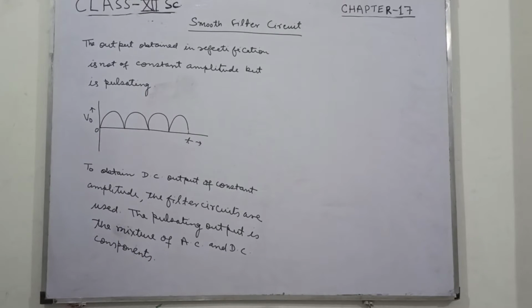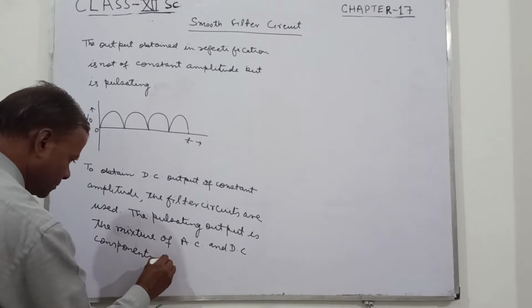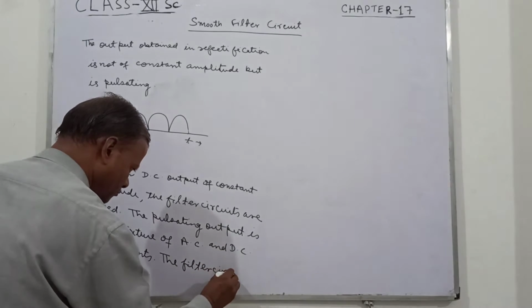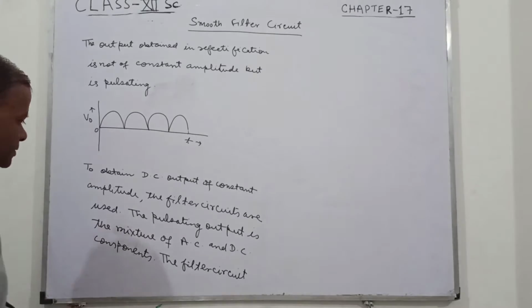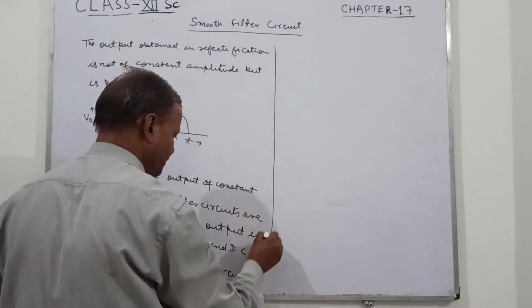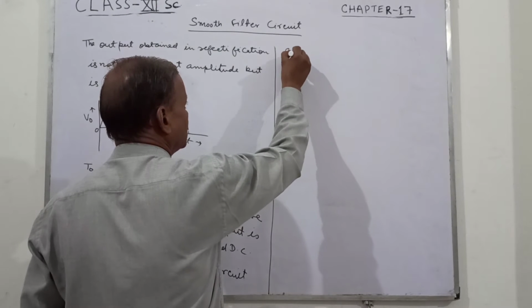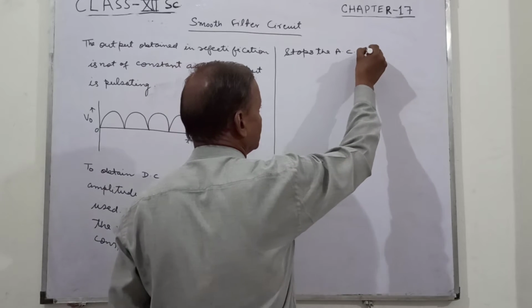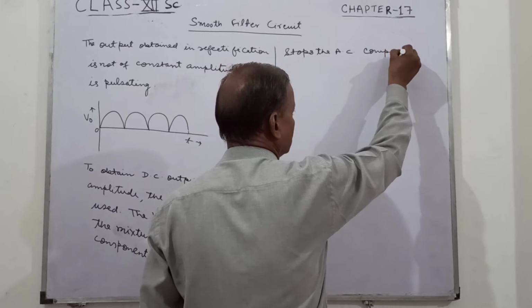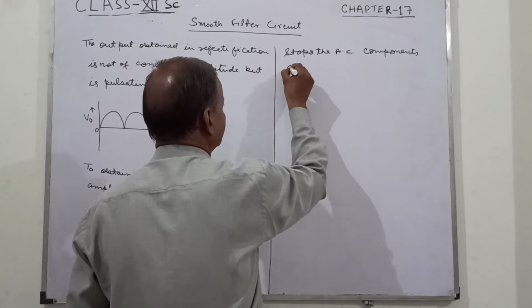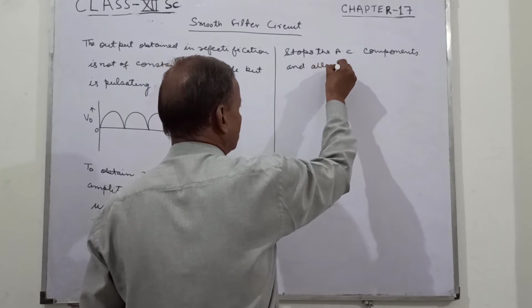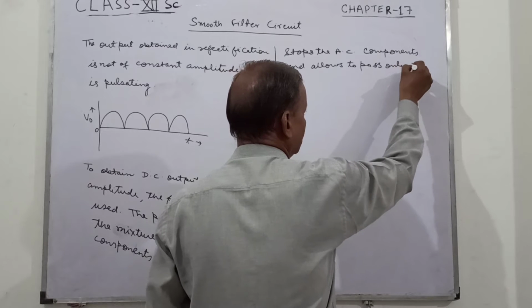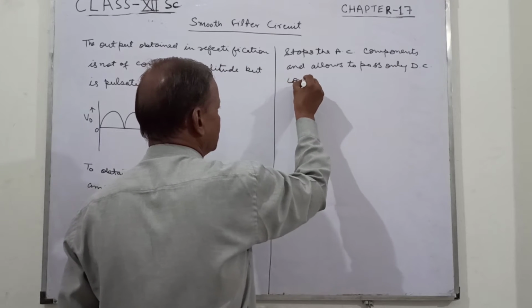AC and DC components. A filter circuit stops the AC components and allows to pass only DC components.